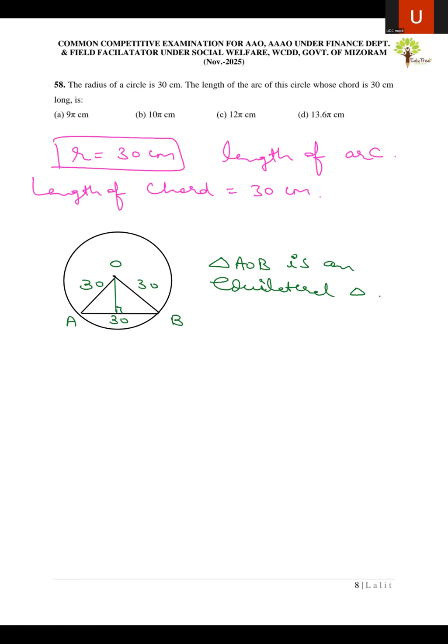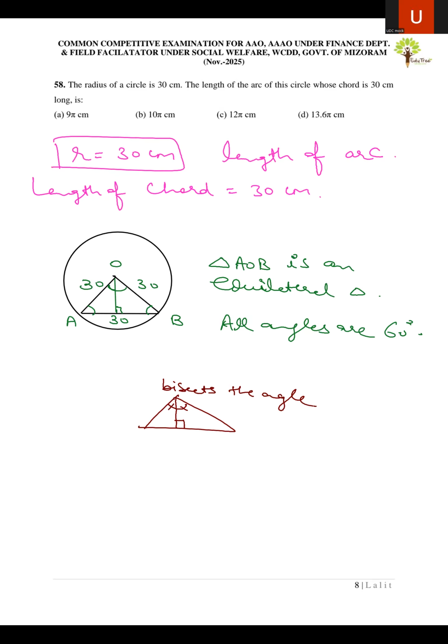Now we know that all angles are 60 degree in an equilateral triangle. Whenever you put a perpendicular, this perpendicular always bisects the angle. Bisects the angle means divide it into half.